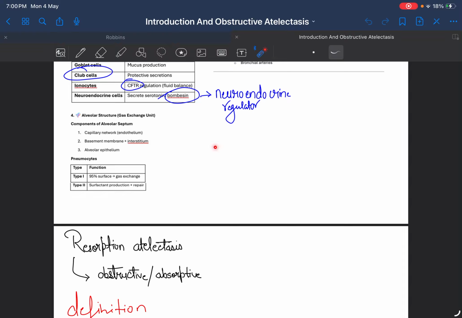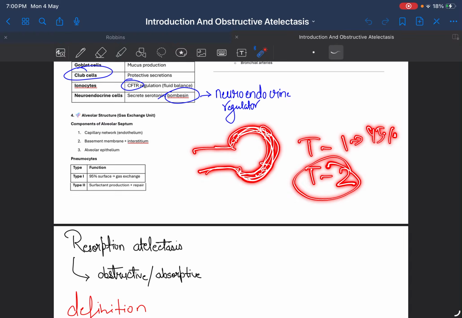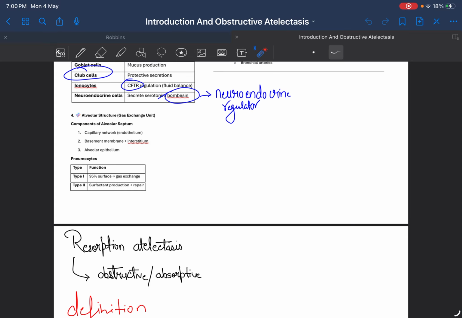There are pneumocytes present in this alveolar structure, type 1 and type 2. Type 1 makes up about 95% of the surface and is responsible for gas exchange. Type 2 is responsible for producing surfactant and also for repair. So basically it will prevent the collapse of the alveoli.